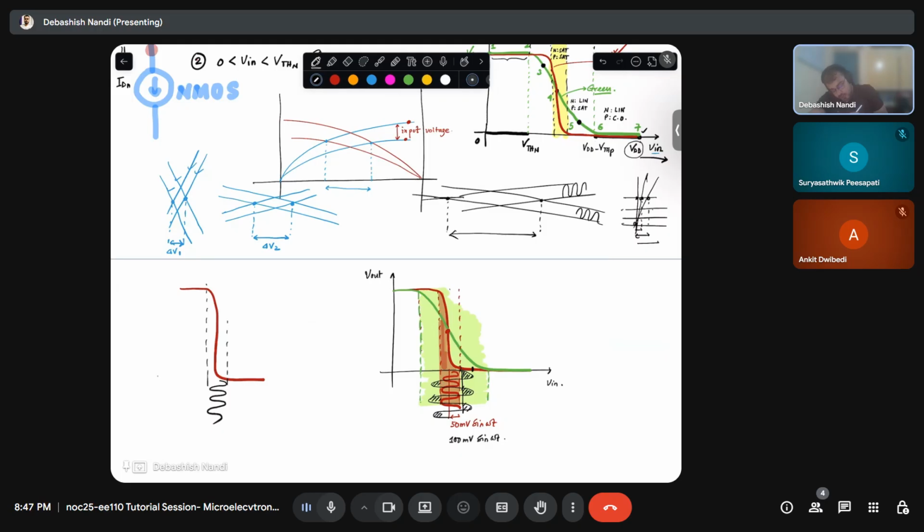So what will be my output? My output will be this, right? Do you understand this much? Yes, sir. So this is the gain region. Your Vin is getting converted to Vout. Now you assume your signal is like this. How will your output look?